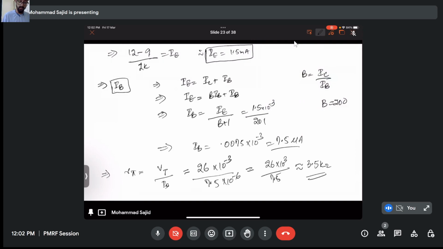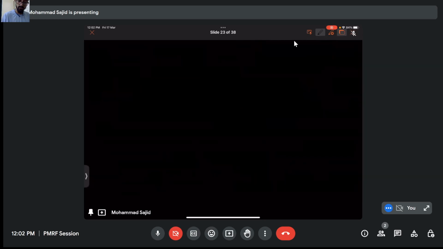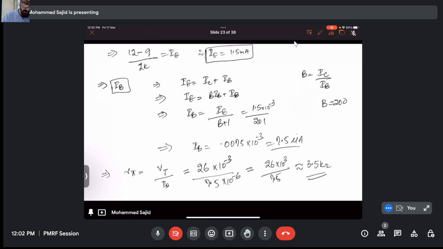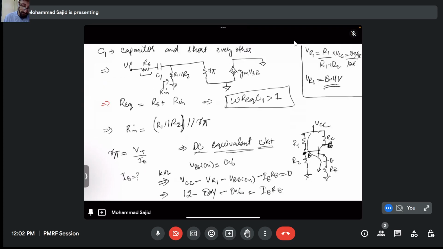So we found R pi. Now we have to find R1 parallel R2.